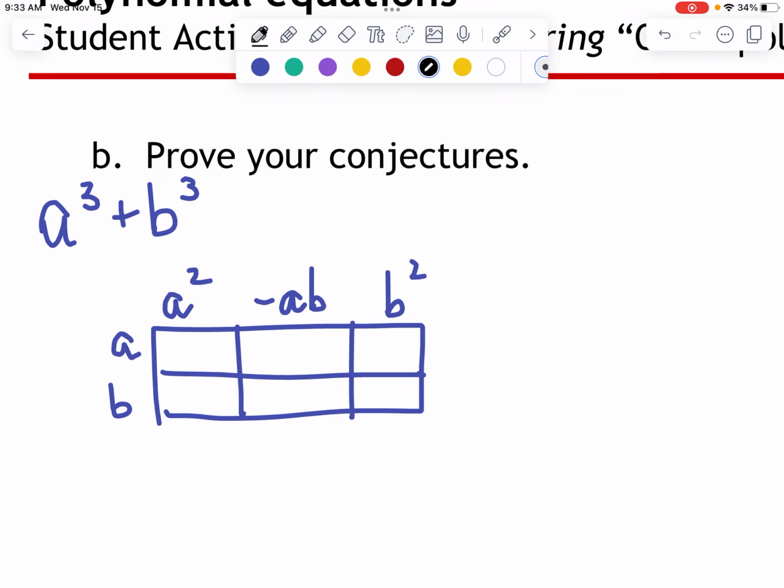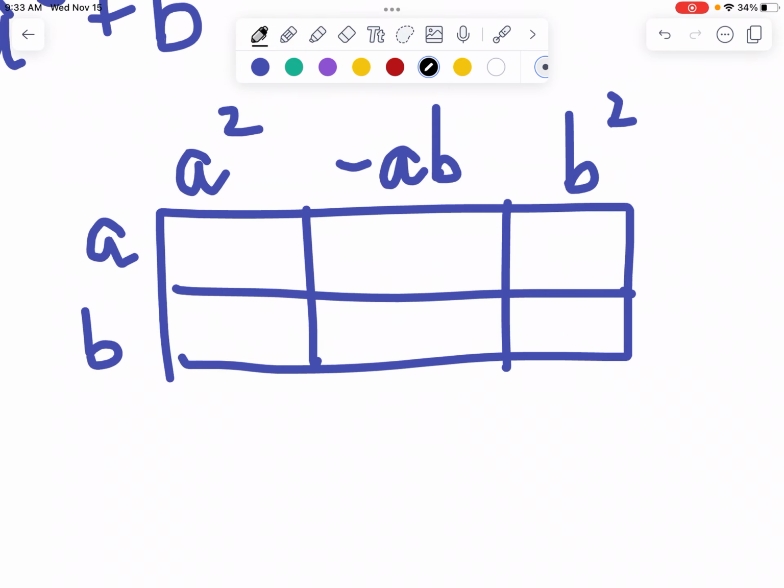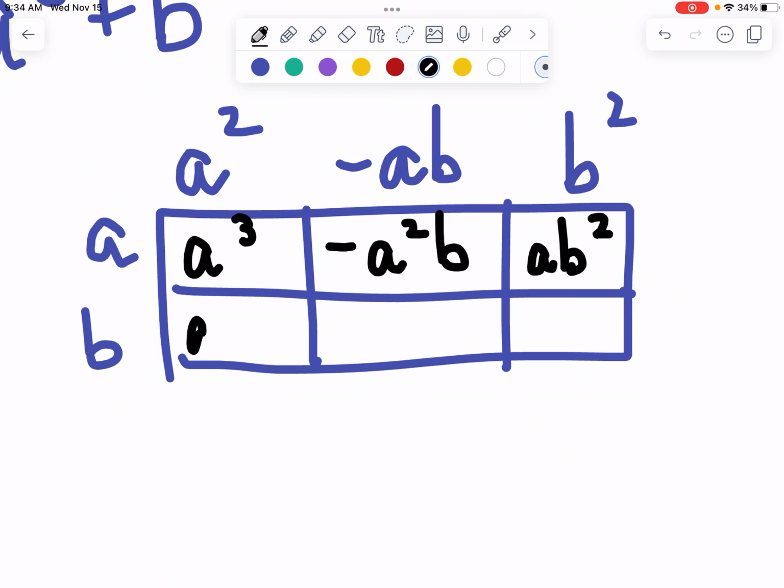So if we find the area of each of these squares, a times a squared gives us a cubed. A times negative ab is a negative a squared b, and we have a times b squared. In the second row, we have a squared times b. Then we have a negative a times b for a negative ab squared, and b times b squared gives me a b cubed.